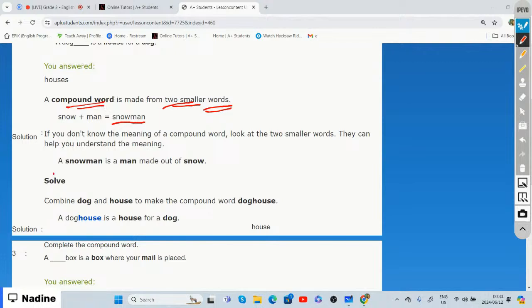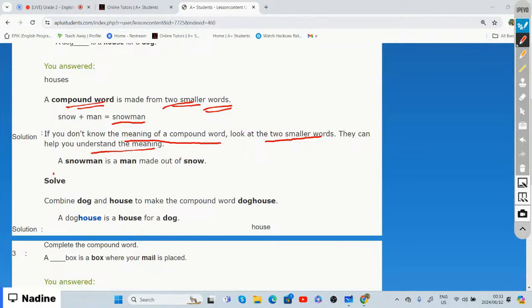All right. So if you don't know the meaning of a compound word, then you can just look at the two smaller words and they can help you to understand the meaning. And that is why I said it is two smaller words. It stands on its own. And once it is joined together to create one word, the meaning changes.